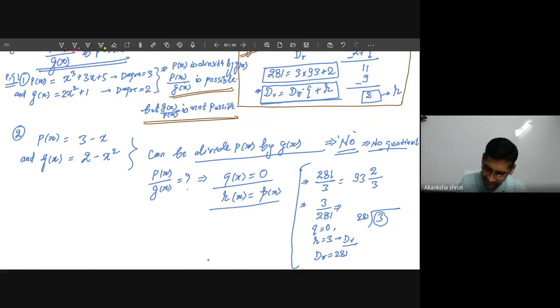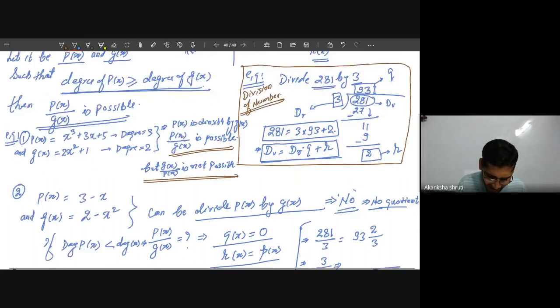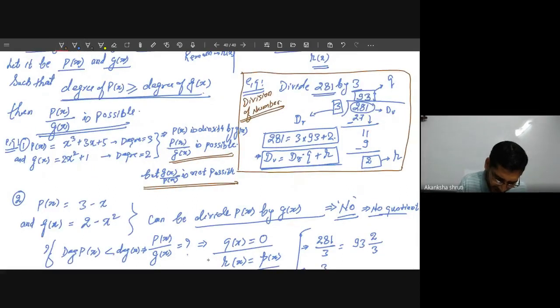So the important thing is that this situation arises only if degree of px is lesser than degree of gx. Okay, students. So these are the two things. Students, if the degrees are equal, then division is also possible, because here we have written the degree should be greater or equal. This is the condition.